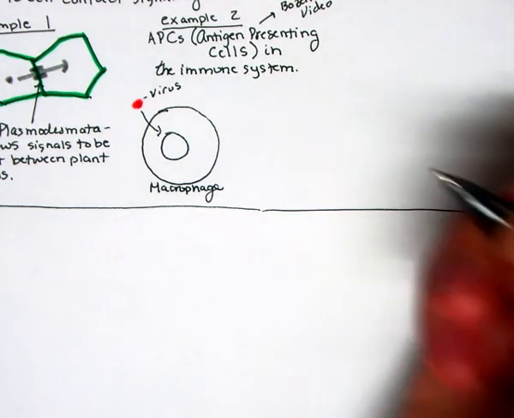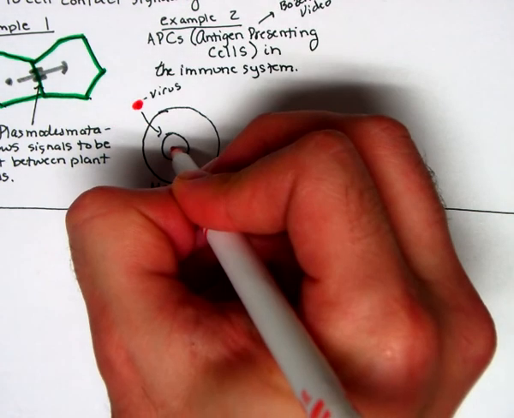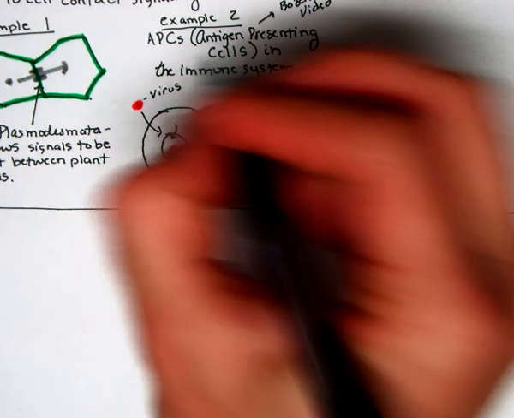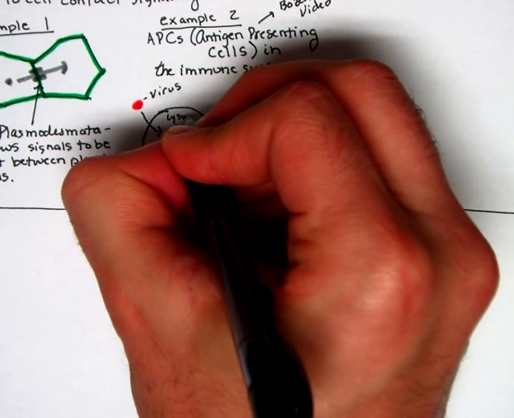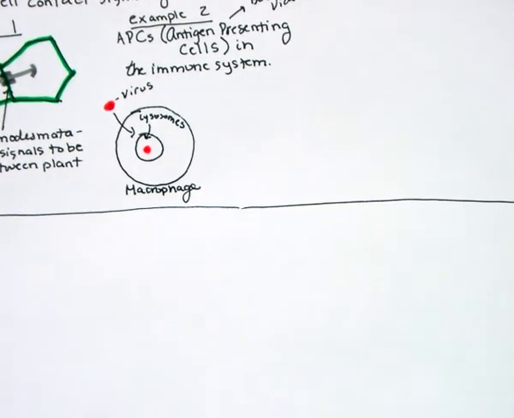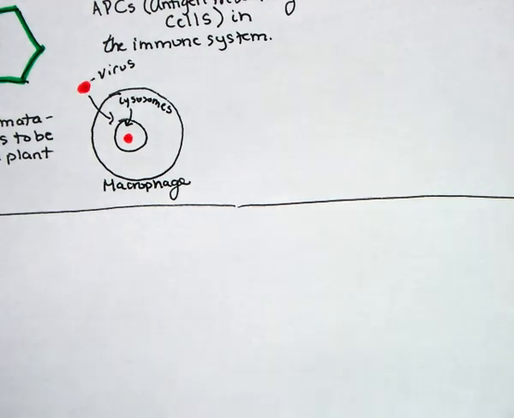In a membrane-bound sac. In a process similar to endocytosis, it's called phagocytosis. And what the purpose of this is, it'll capture it. And then with the aid of some lysosomes, who will deposit some enzymes, it'll break down that virus into a bunch of small little pieces.